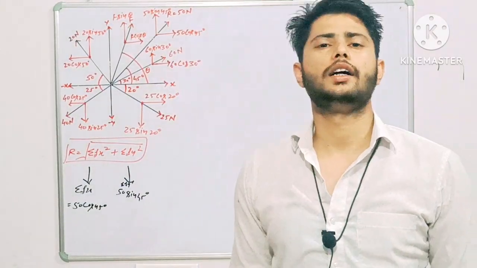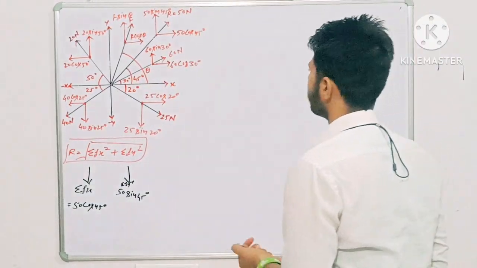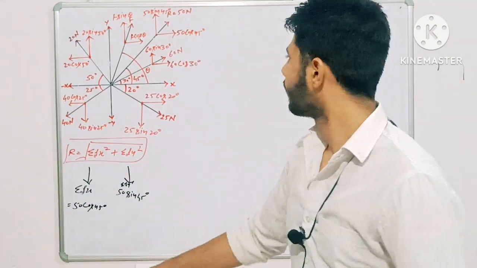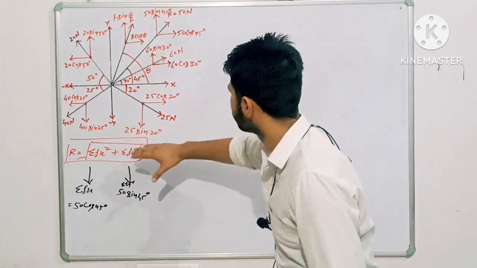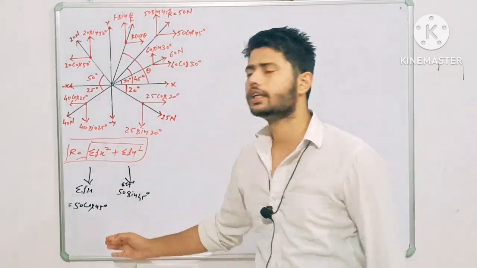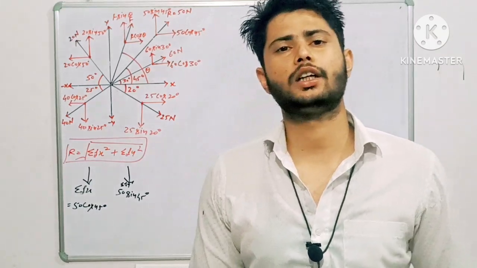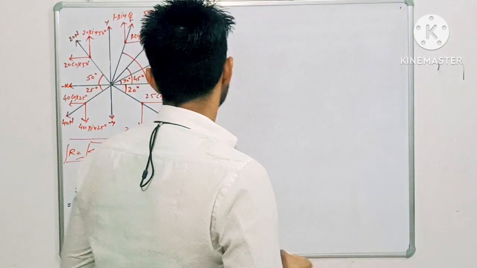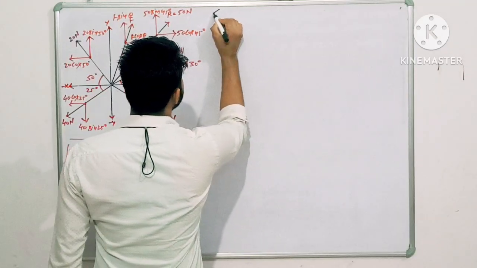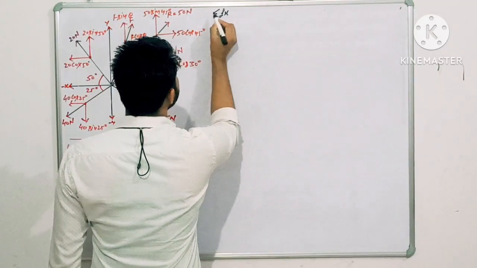These two values are already given according to our resultant. Now the summation of all the horizontal forces will be equal to 50 cos 45 degrees, because the resultant has been already given.